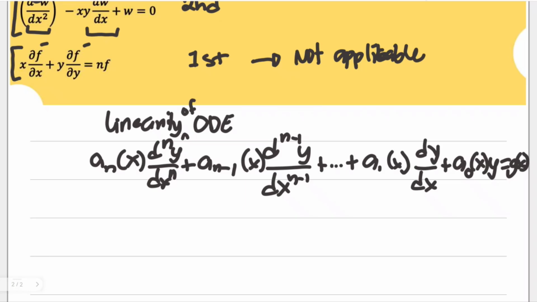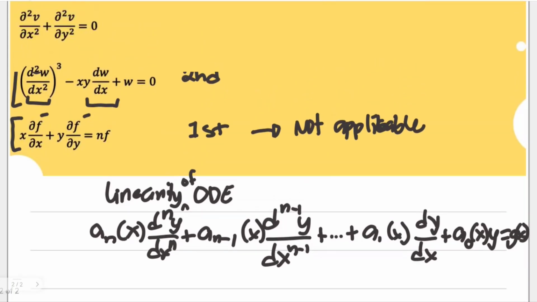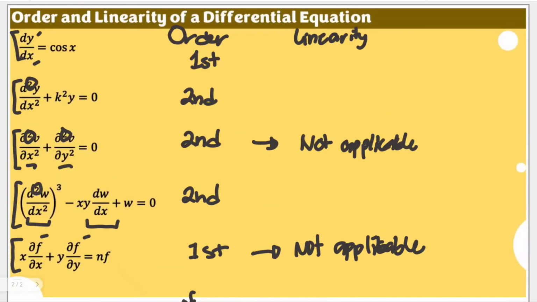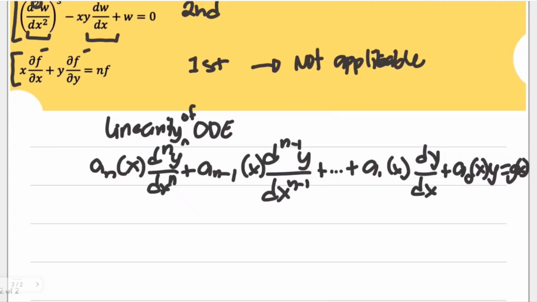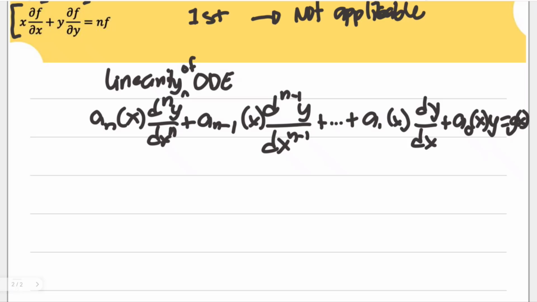So I should follow this idea here. Linearity means there is a decreasing pattern on the order of our derivatives. Our first one is on the first order, and the point when we talk about linearity is that with respect to a certain variable, we could only expect to see variables like x and y.